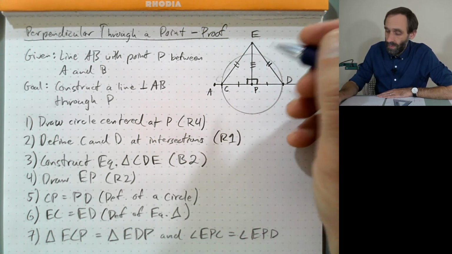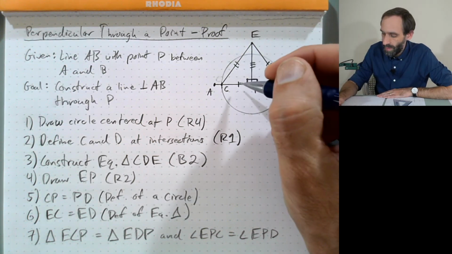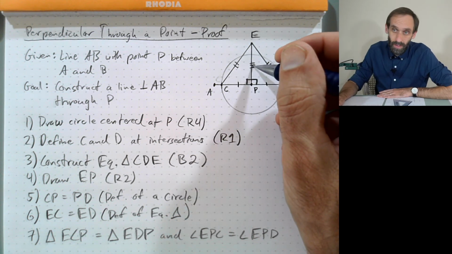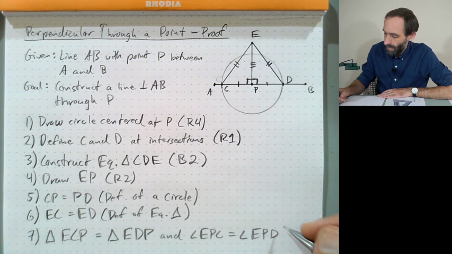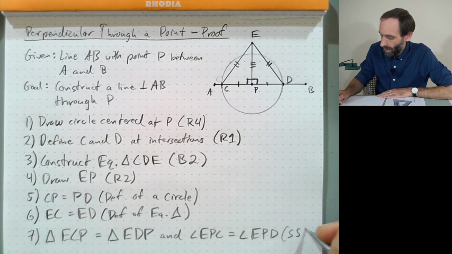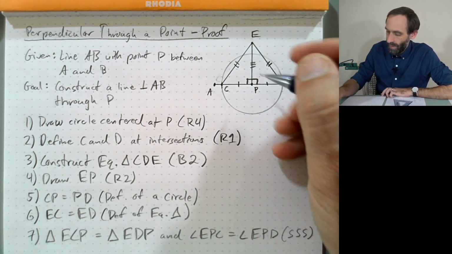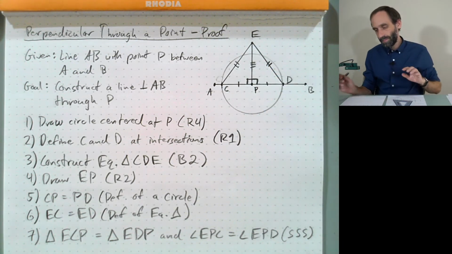Our justification is that this side is equal to this side, and this side is itself. So by side, side, side, the triangles are equal, and therefore these angles are also equal.